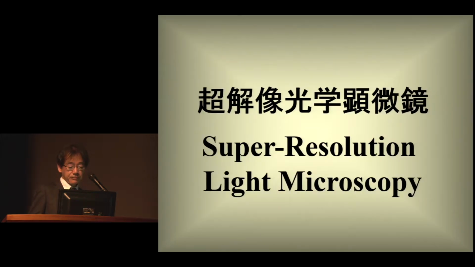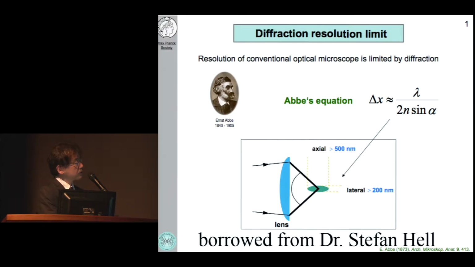And I'm very happy to say both Kaede and Dronpa made some contributions to the invention of super resolution light microscopy. As you know, the spatial resolution of light microscopy is limited by diffraction to about 200 nanometers in the focal plane.